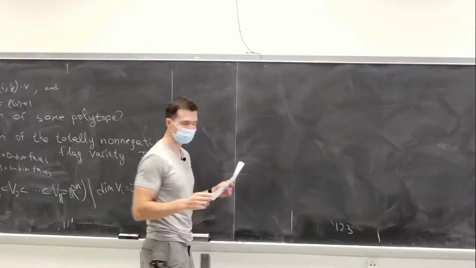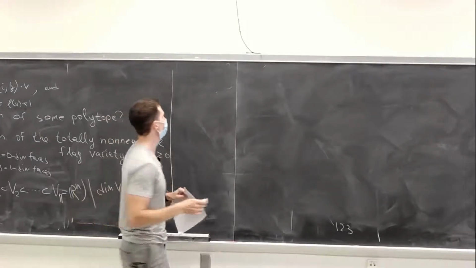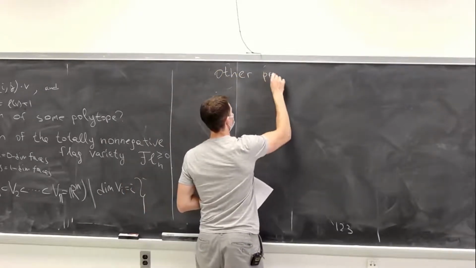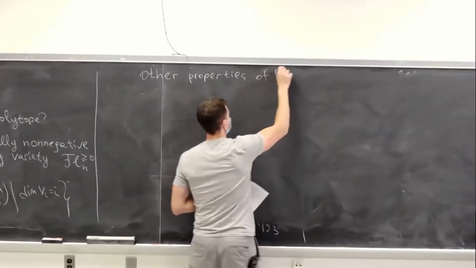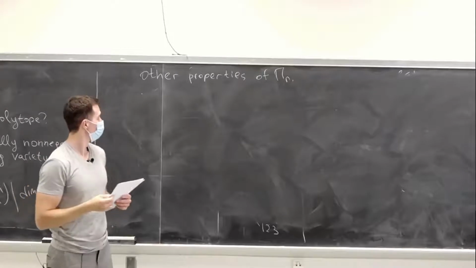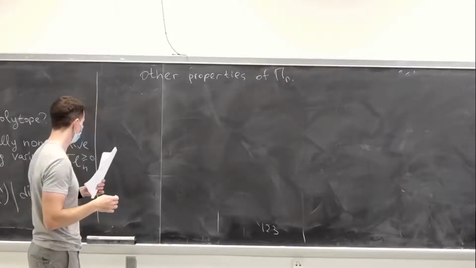So let me now mention, because we're going to study some generalizations of permutohedra, a few other properties of permutohedra. I think these are pretty mind-blowing if you've never seen these before.